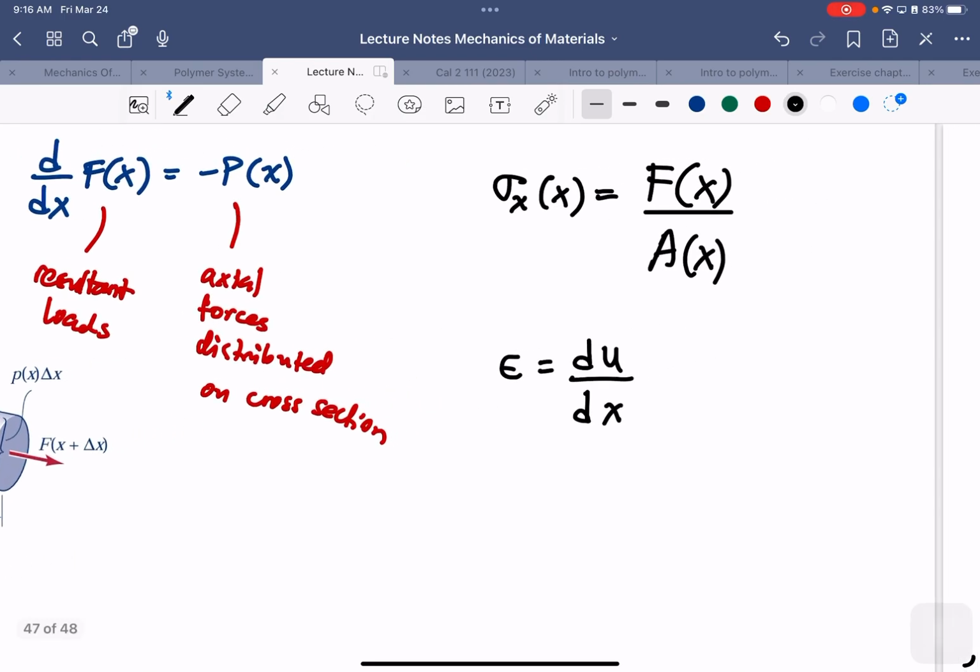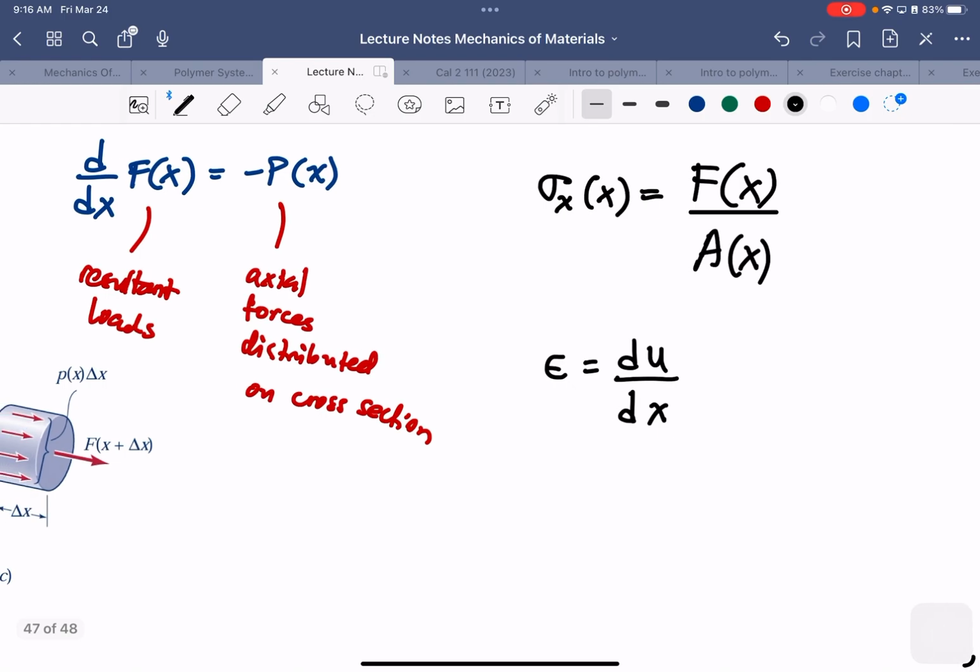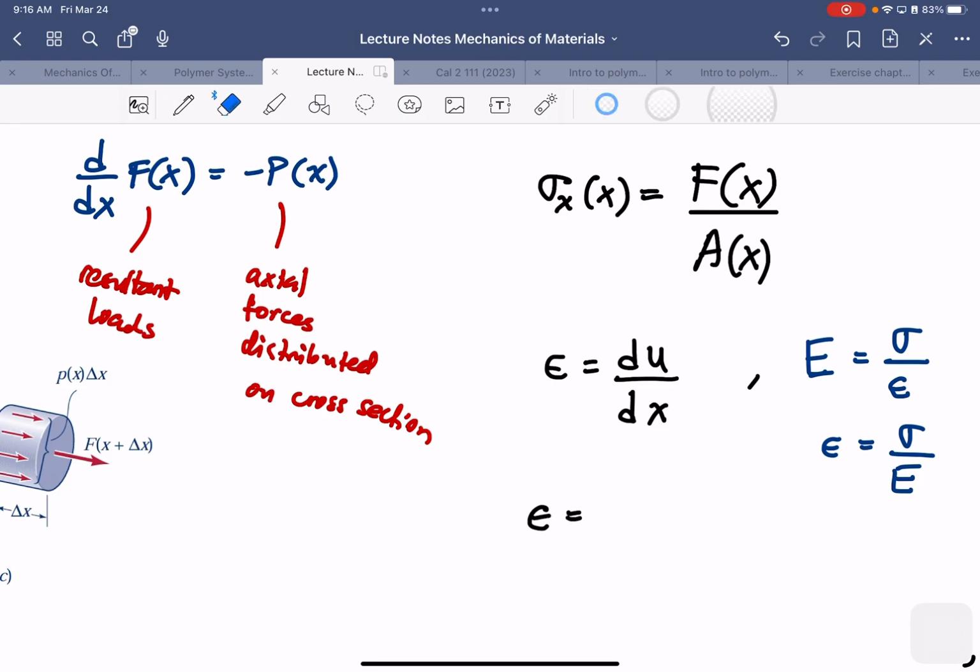We can also remember that in terms of the modulus, we can rewrite the strain in terms of the modulus like that, and we can exchange this sigma with F over A. Then the strain comes out, or let me write it completely.